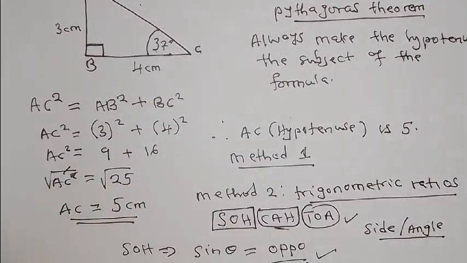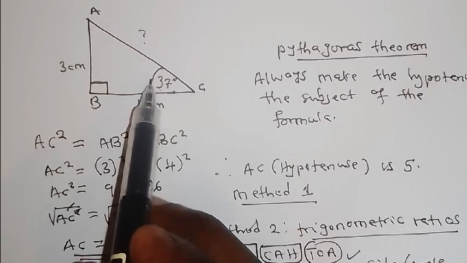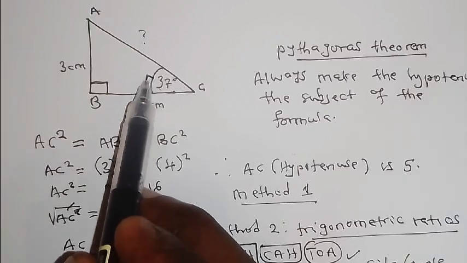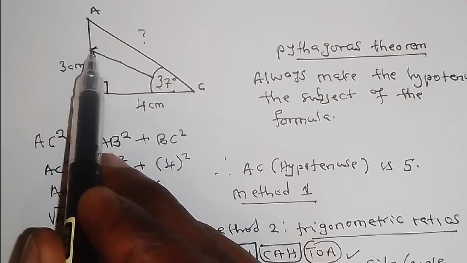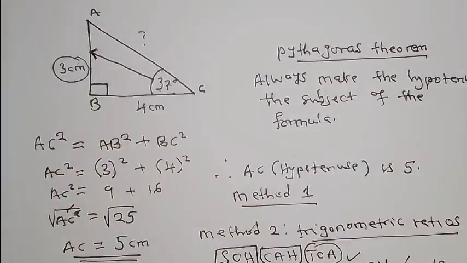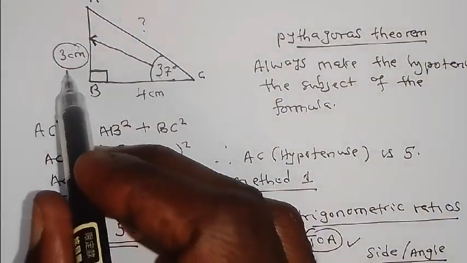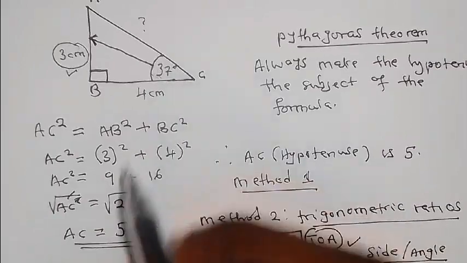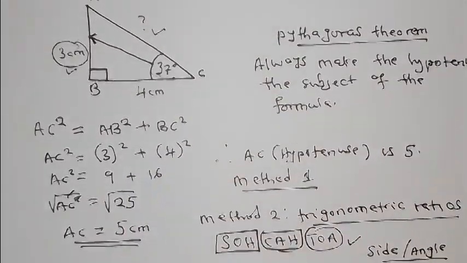The most important thing is to look at the opposite of this angle. It is facing this side AB, which has a distance of 3 centimeters. So we are going to use this opposite and this angle so that we can find the hypotenuse.